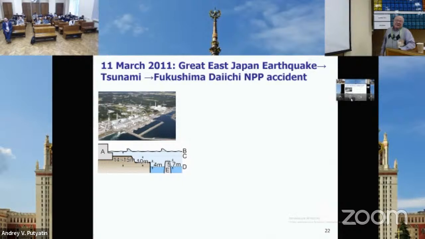So the major reason for the accident was that on the 11th of March 2011, the Great East Japan earthquake happened. This was the most severe earthquake in the history, at least in the recorded history of Japan.